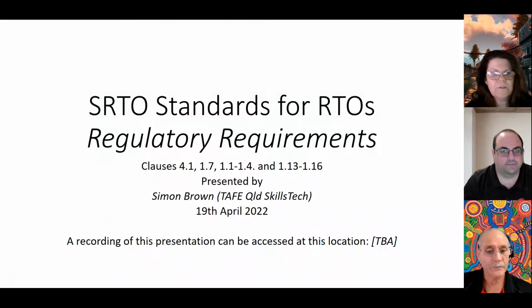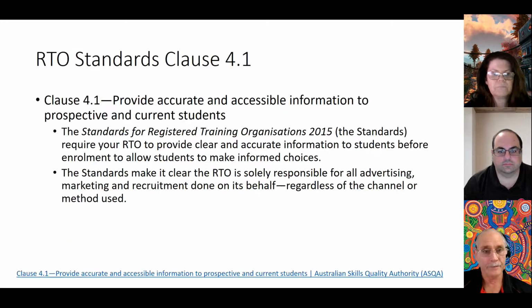So I'm going to put a recording of the presentation on YouTube, so we can access it later. I'm going to talk about clause 4.1, which is for the RTO to provide accurate and accessible information to prospective and current students.